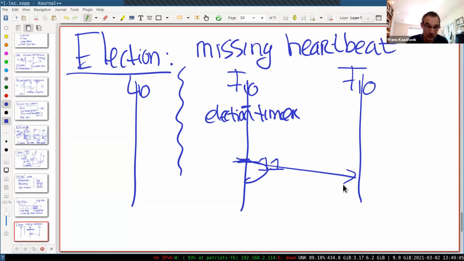Let's say the leader's down, so the leader doesn't respond, but the second follower does respond, and so at that point it gets 2 votes, one from itself and one from the follower, and it becomes the new leader for term 11. Then clients fail over to that leader, and things just proceed as before.